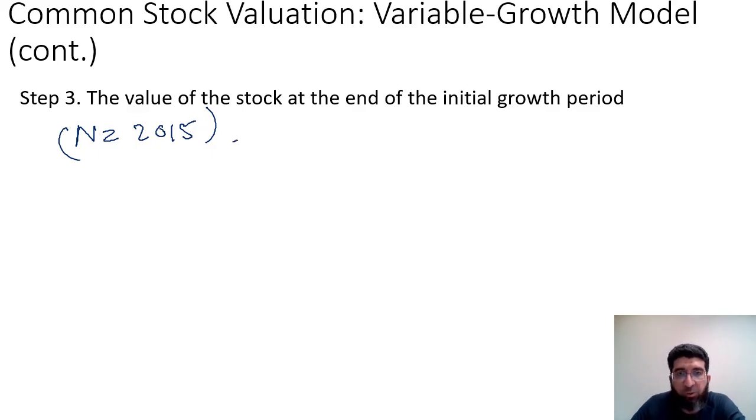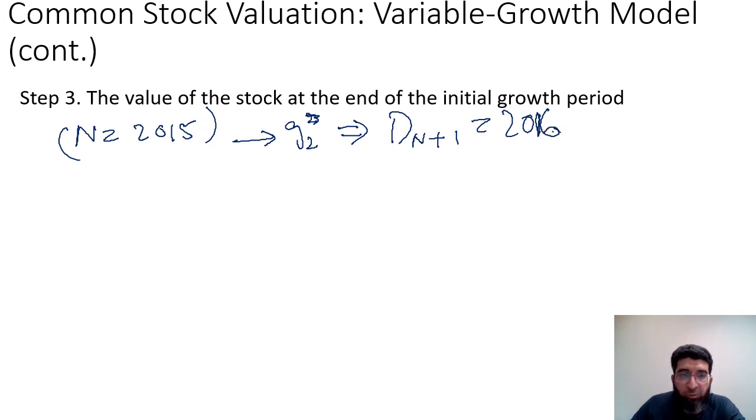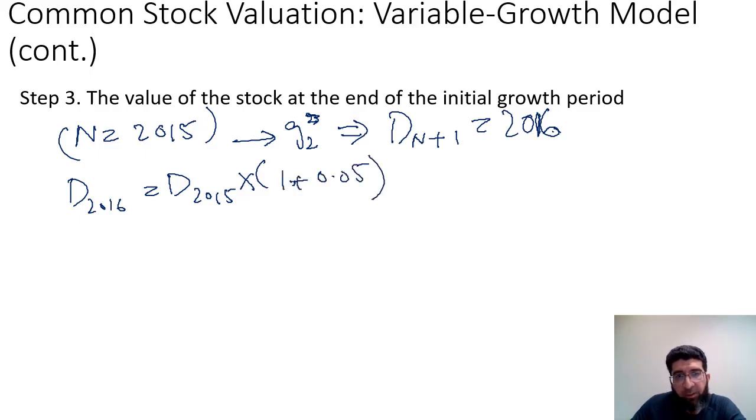First we will incorporate the second growth rate, G2, in this equation, which means we'll go here to subscript 2, so we incorporate G2 by doing D_(n+1), which equals 2016. D_2016 equals D_2015 multiplied by 1 plus 0.05, the 5%, which is the slow growth rate, the second growth rate of the firm. So that comes out to be $2.